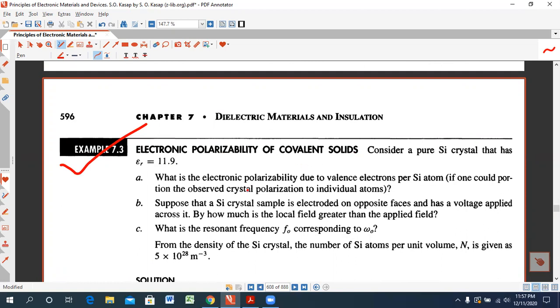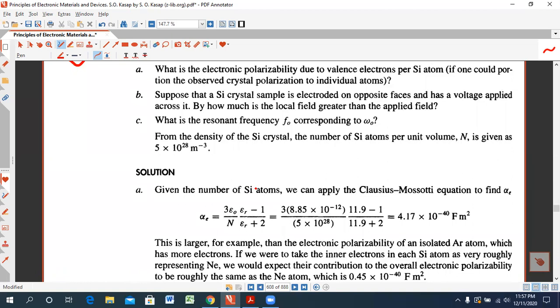These values are given here. Using the same formula, if I ask, prove that alpha e equals this, this is nothing but a simple calculation from the Clausius-Mossotti equation, isn't it?